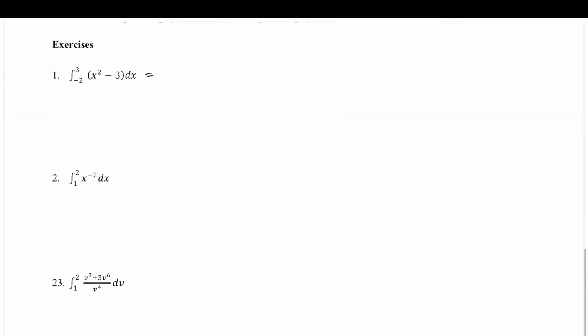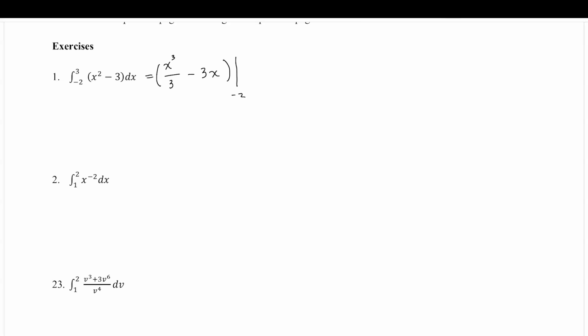So what I need to do, and this is following what we just looked at the bottom of the previous page, I need an antiderivative for x squared minus 3. So remember now, we have to twist our brains. The antiderivative, we add 1 to the power and divide by that new power. And although the derivative of 3 is 0, the antiderivative of 3 is 3x.